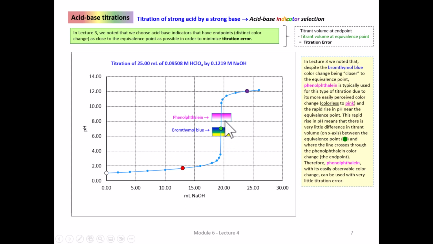And we further defended phenolphthalein by saying, look, the pH changes so rapidly in this part of the titration curve that the difference between the volume added here and the volume added at the equivalence point on the x-axis is negligible. In other words, there's minimal titration error. So we can successfully use phenolphthalein, and the phenolphthalein endpoint we consider to be so close to the actual equivalence point that we don't worry about any small titration error.